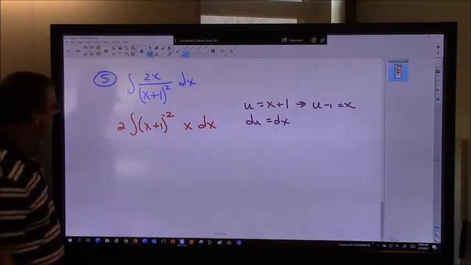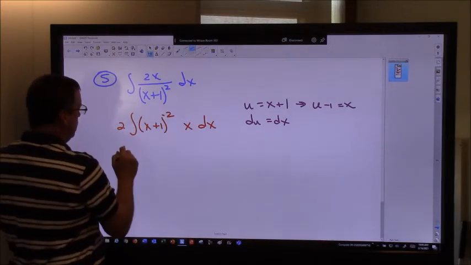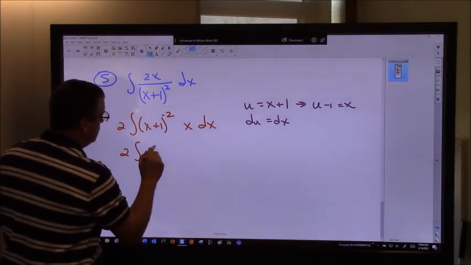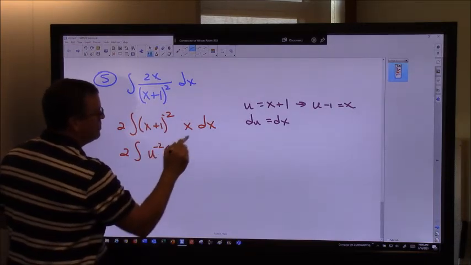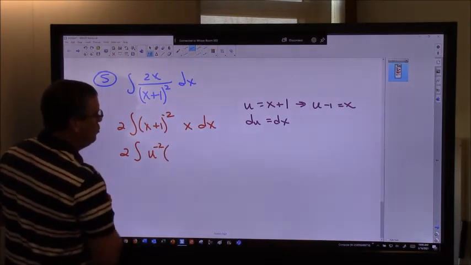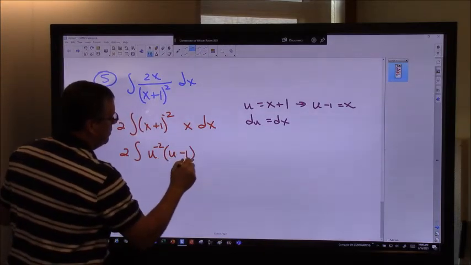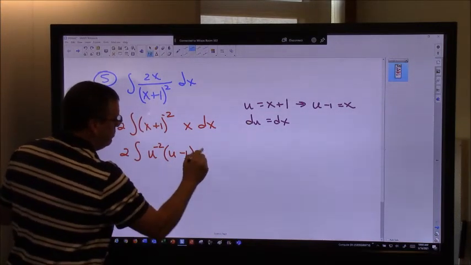All right, so what I have now is 2 times the integral of u to the negative 2 times u minus 1. We're going to put that in place of x, and then du is equal to dx.